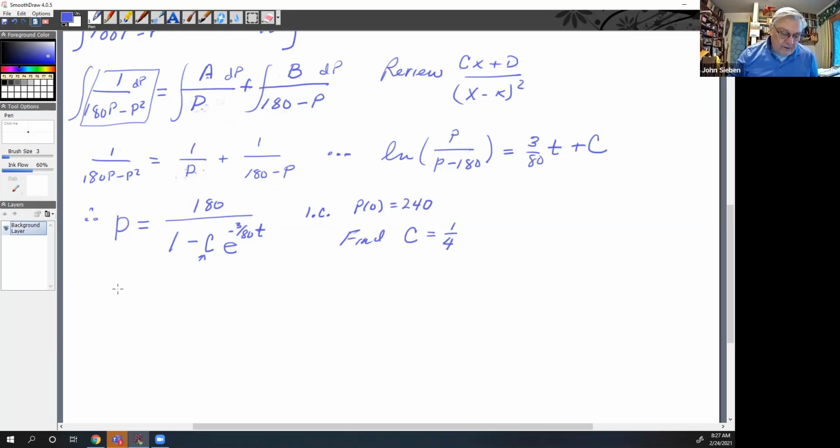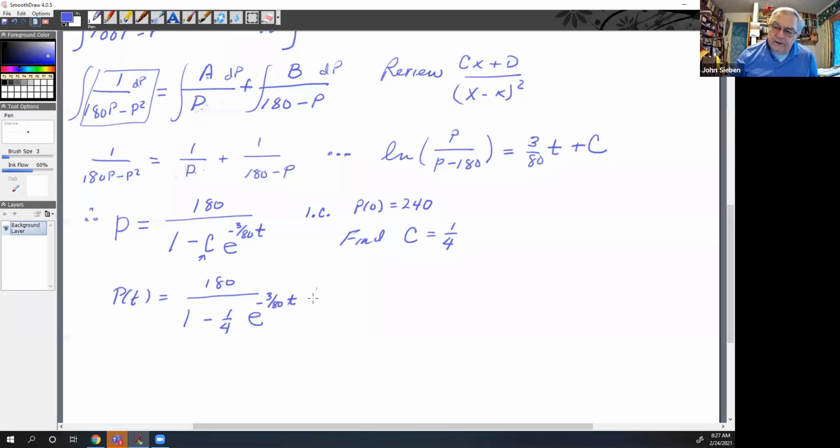So using that value, we get P of t is equal to 180 over 1 minus, and I could use a decimal or the fraction, e to the negative 3 over 80 t.